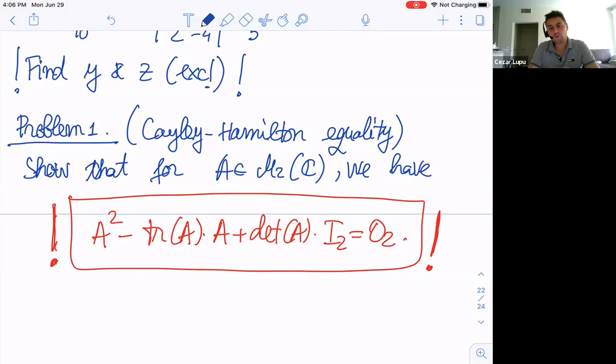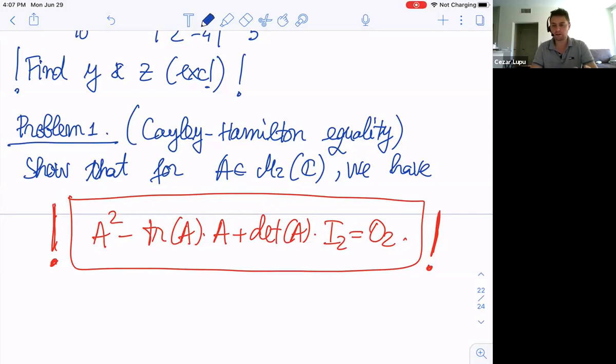This will be very important when we talk about eigenvalues and eigenvectors: this Cayley-Hamilton relation will appear in a disguised, basically the same version, but in terms of the characteristic polynomial. Anyway, we'll go there and you'll see that this is nothing else than just this relation that we're about to prove here.